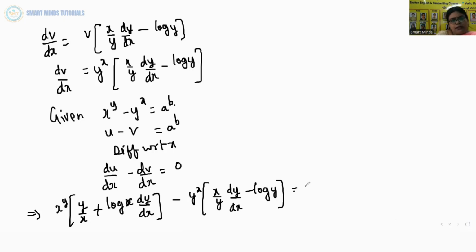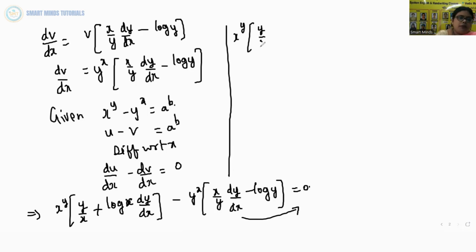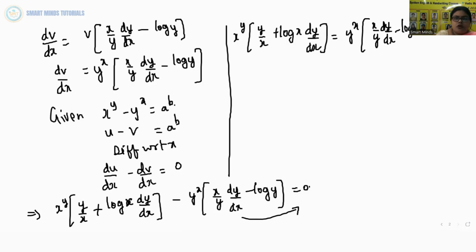Now that is equal to 0. Now we take the second term to the right hand side. So we get x power y into y by x plus log x dy by dx equals y power x into x by y dy by dx minus log y.